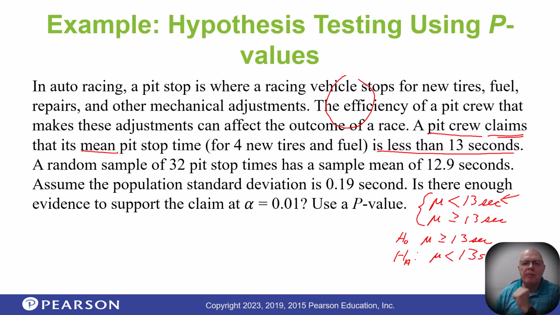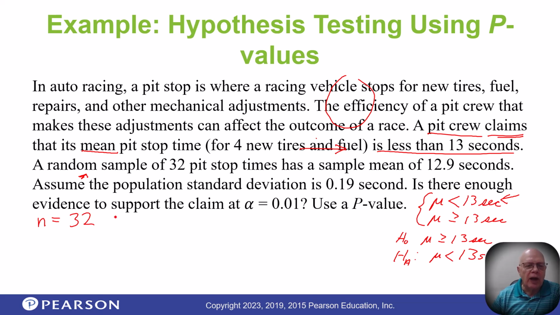Now, where do we go from here? Well, I'm going to pick out some other things. After we see what the claim is, which is right here, we've got some numbers that we get. Where's my cursor? There we go. The sample size is going to be 32 pit stops.